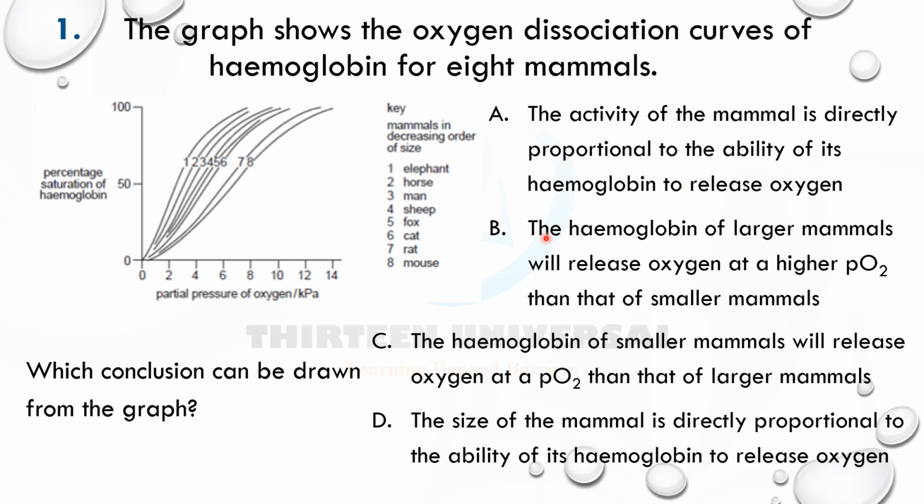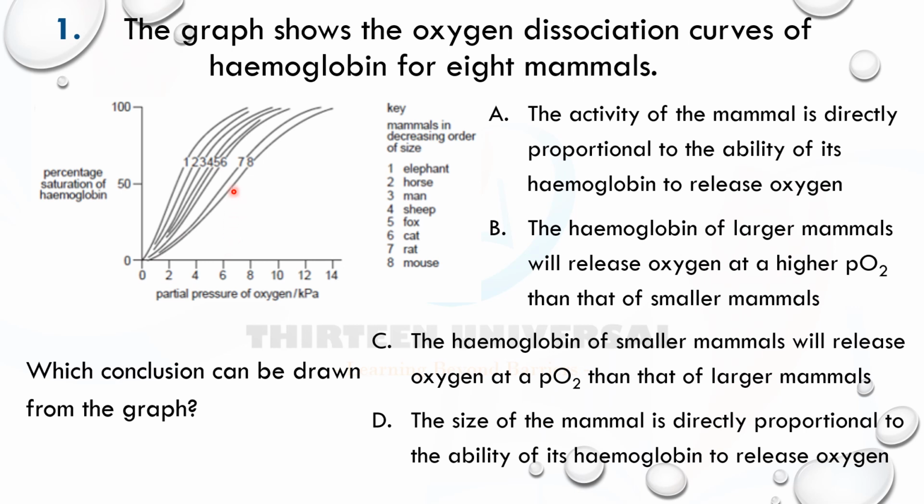Next, the hemoglobin of larger mammals will release oxygen at a higher partial pressure than that of a smaller mammal. Let's check at 6. You trace it, and you see that 8 and 7 have percentage saturation of hemoglobin lower than 50, which means they will release oxygen at this pressure.